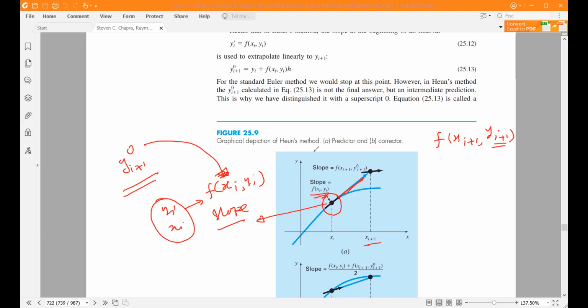For this reason, by using the Euler technique, this value y^0 is predicted first by using the initial slope. Then this is the slope at where? Slope at the end point of the interval, isn't it? Is it okay? Yes, sir.